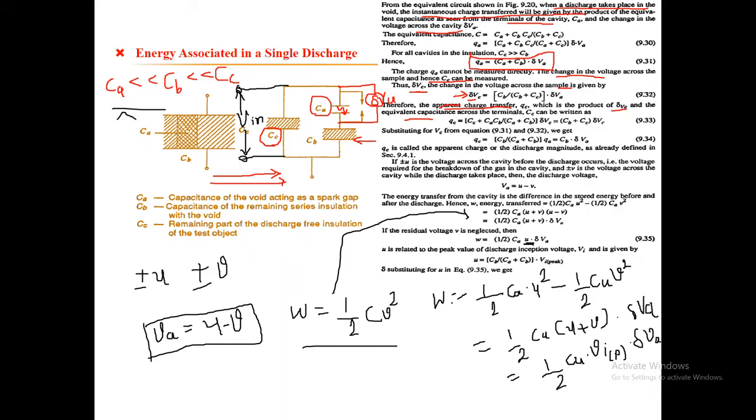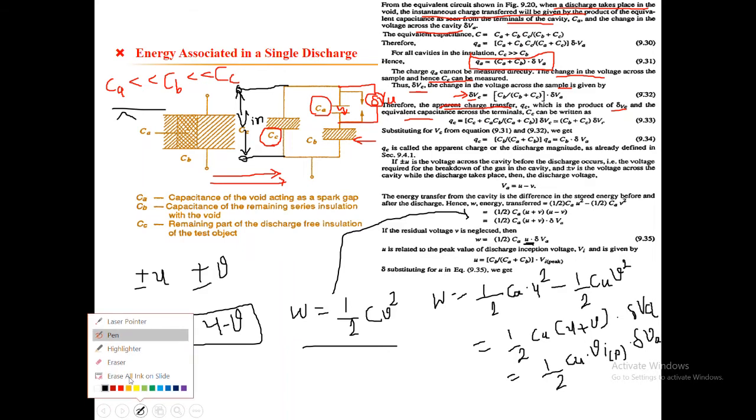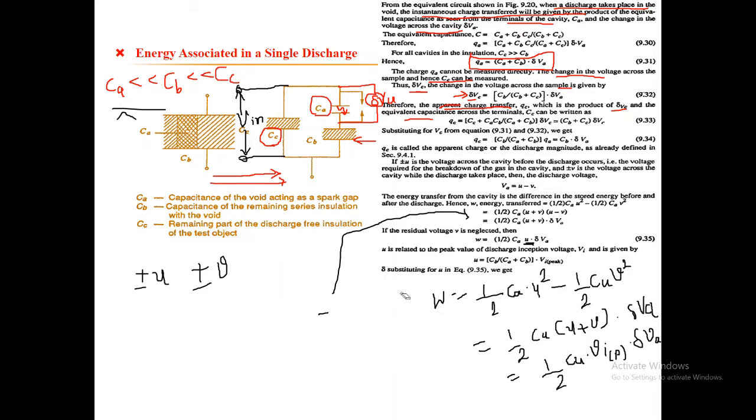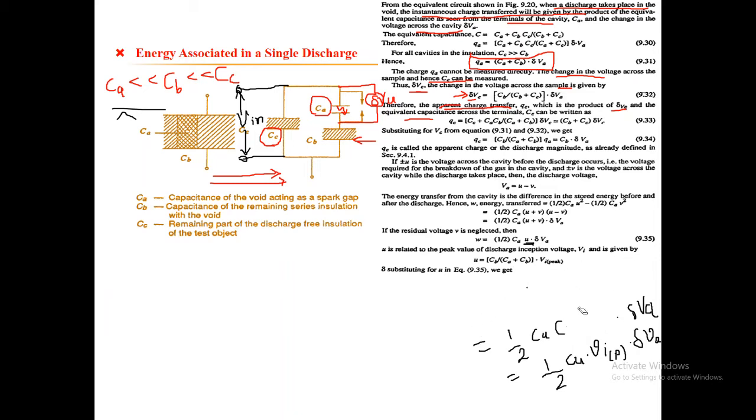Okay, this will be the term that we are getting after the solution of this equation for this energy. So W is equal to 1 by 2 Ca Vi peak into delta VA.